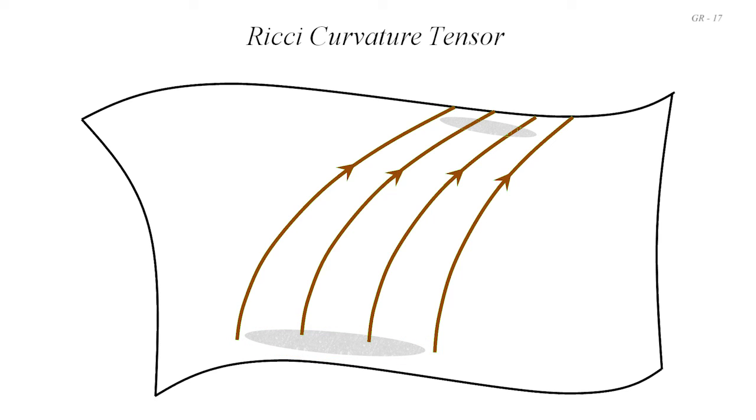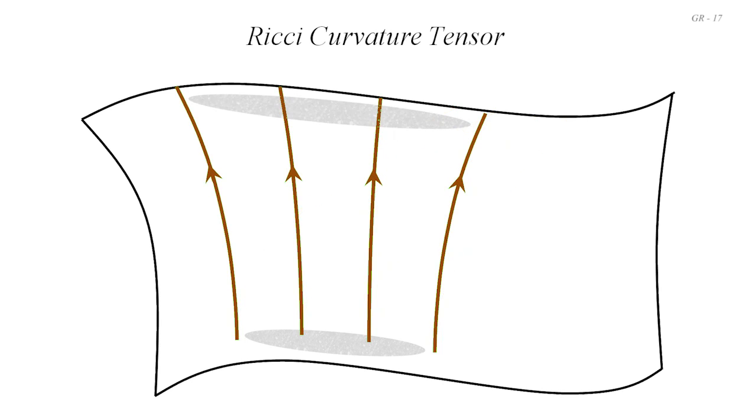Assuming also that the particles are free falling, that they don't interact or bump into one another, then by the time they get to this region, the dimensions of the cloud will be measured to have shrunk. Of course, if the curvature of the space were different, then it may be that the cloud would be measured to be bigger. The Ricci tensor can be used to describe this kind of effect.